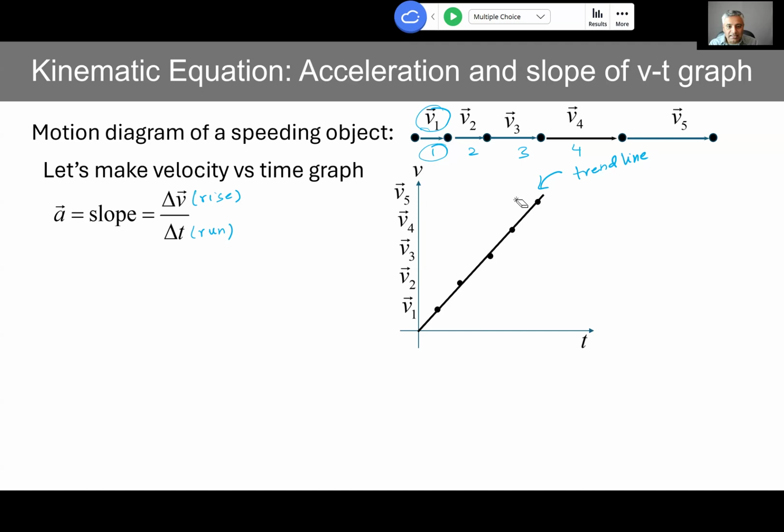So what does this tell us? How do we find acceleration from a velocity versus time graph? Just by looking at the slope of that graph. And this graph, usually for us, is not going to be curved like this. A velocity versus time graph is going to be straight lines.